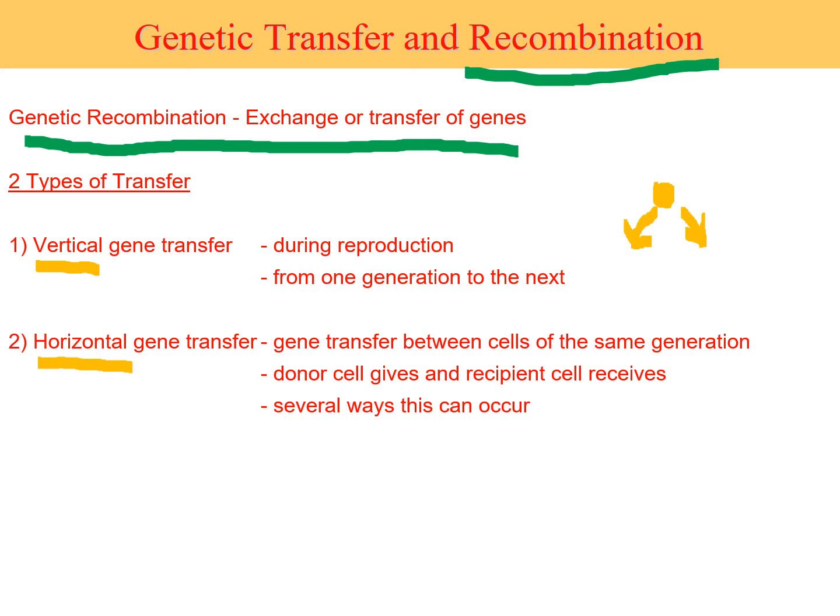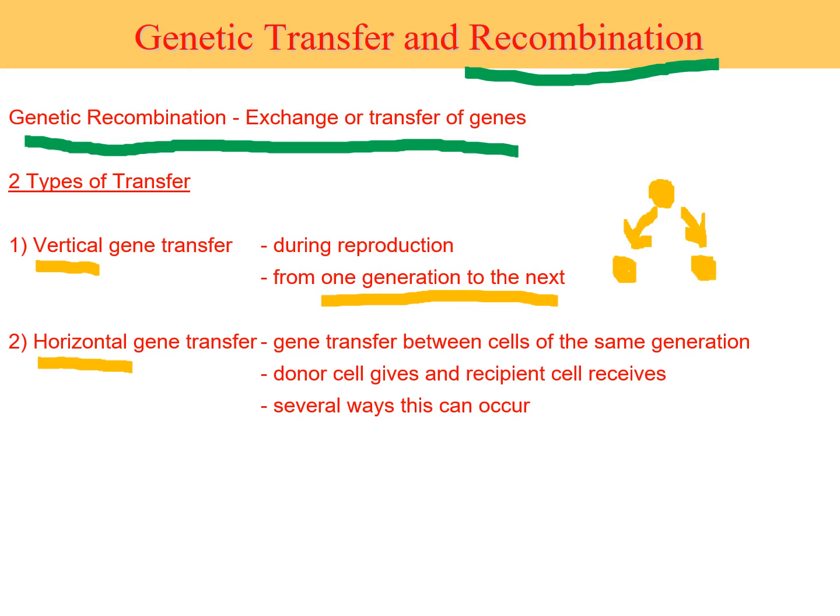But here it's all from one generation. Here we're talking about bacteria, and it's from one generation to the next of bacteria. So from the parent to the two daughter cells in the next generation. That is vertical gene transfer that can occur.